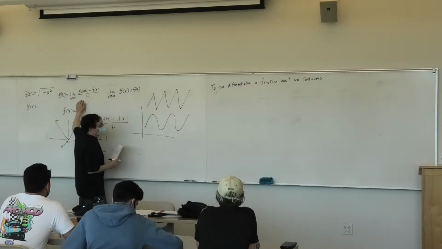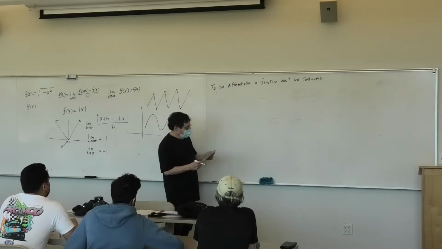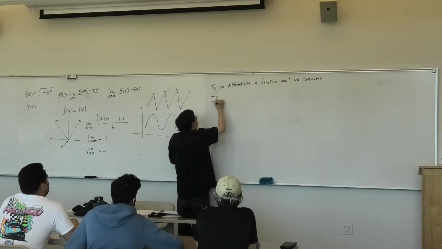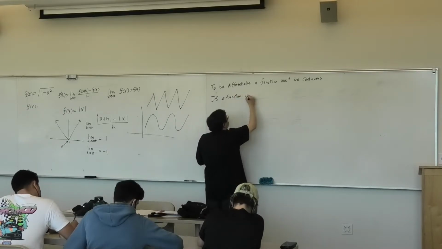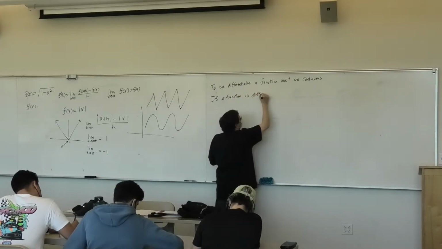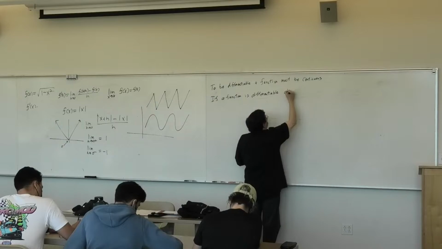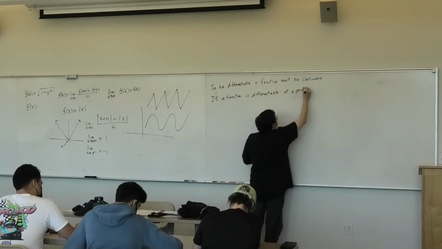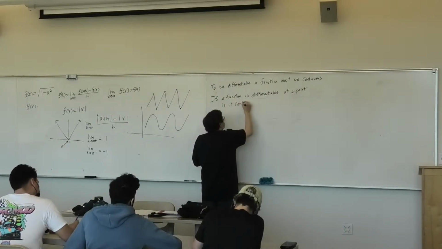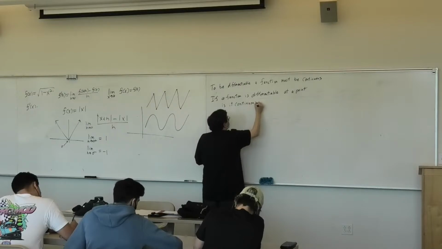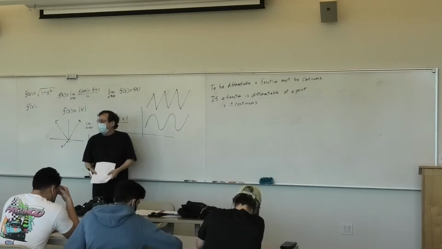This limit has to exist for it to be differentiable. The question then is, if the function is differentiable at a point, is it continuous? And we're going to find that that's the case.